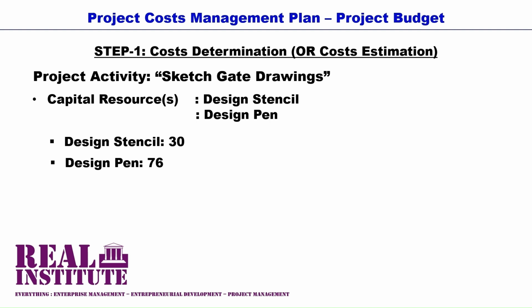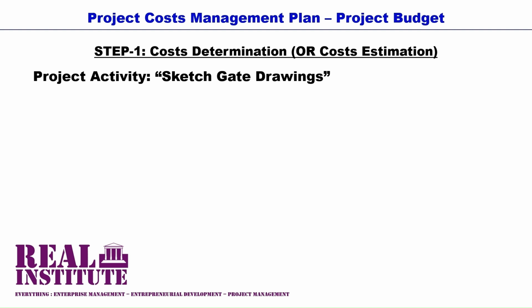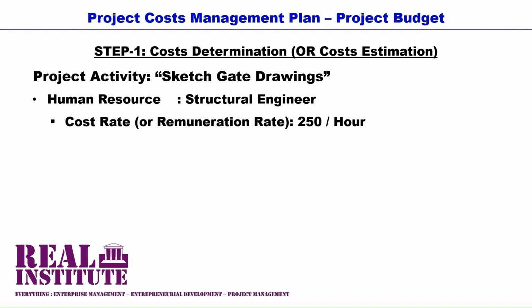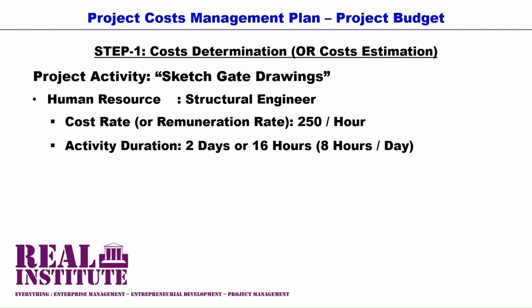As already established in the activity measure gate site, the human resource, who is the structural engineer, has a professional service fee rate of 250 per hour and is expected to spend 2 full days on this activity, 2 full days being 16 hours, taken from an 8-hour workday.